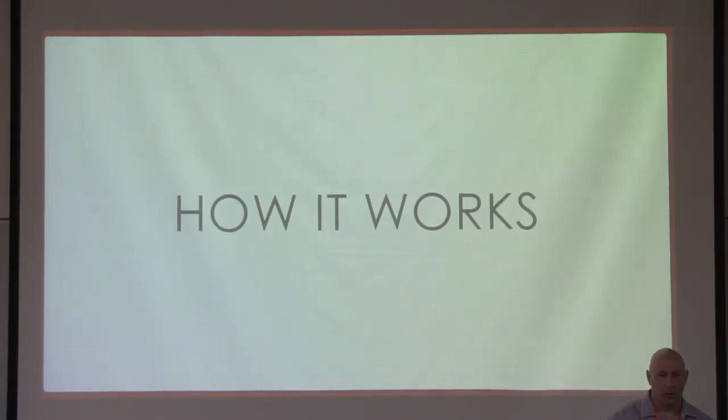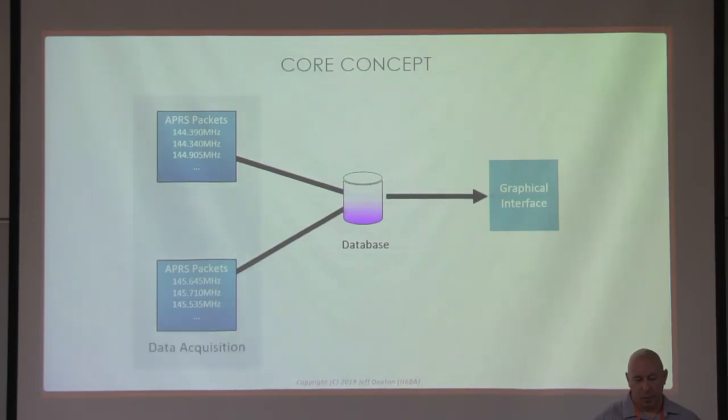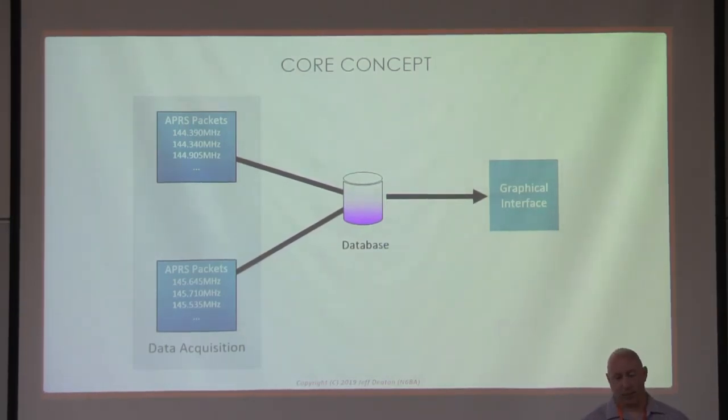So what's under the covers? Well, the core idea is really the separation of concerns between front end and back end. While the back end can be listening to lots of different frequencies, potentially ingesting lots of different packets, how fast it goes depends on how fast the hardware is that you run it on.